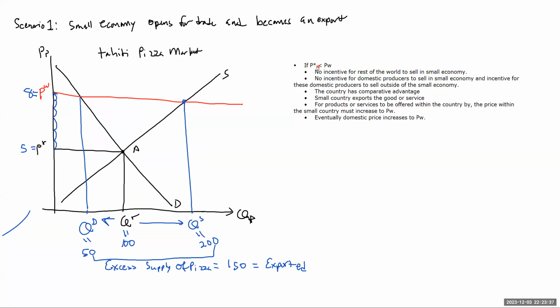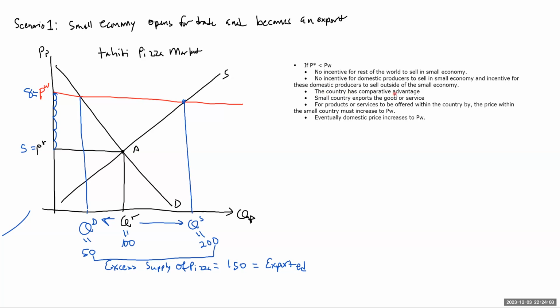If the domestic price is less than the world price, there's no incentive for the rest of the world to sell pizza to Tahiti. There's no incentive for the domestic producers to sell in Tahiti as well, because they have an incentive to sell outside of Tahiti. They're not going to sell for $5 in Tahiti. They're going to sell it outside to Singapore for $8 a slice.